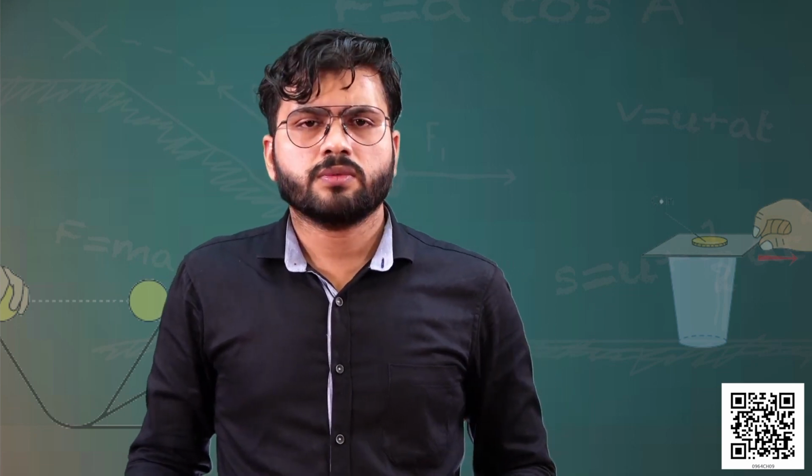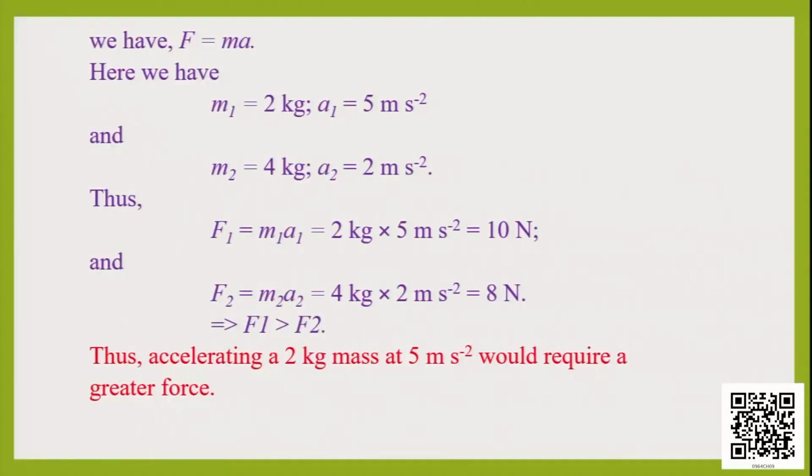So, we can solve this numerical in such a way that the formula that we will use here is force is equal to mass into acceleration. There are two objects, so we will have two different forces. Let us go for the first one. M1 is given as 2 kg. A1, that is the acceleration of the first body, is 5 meter per second square. Second object's mass is M2, given as 4 kg.